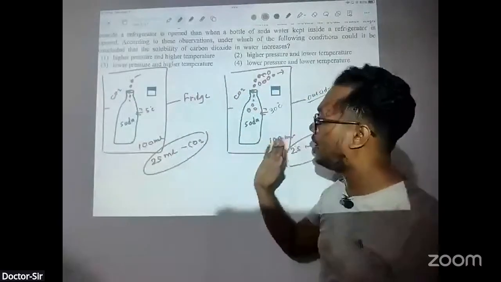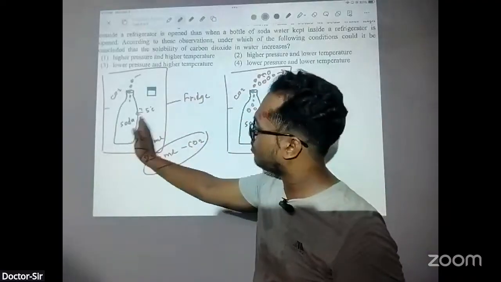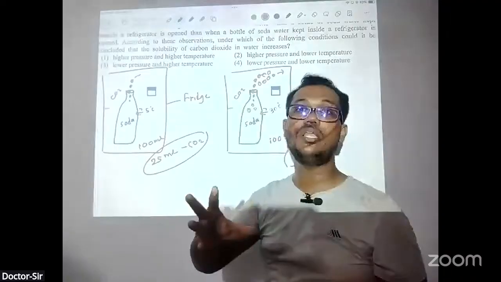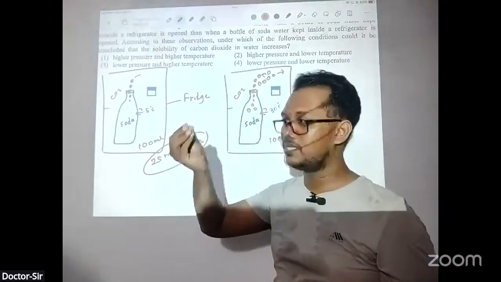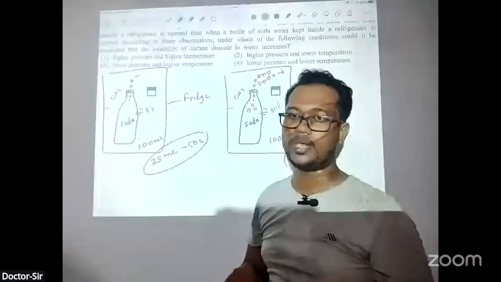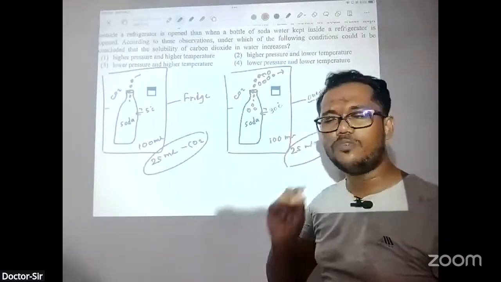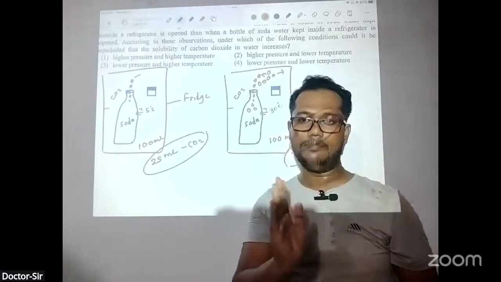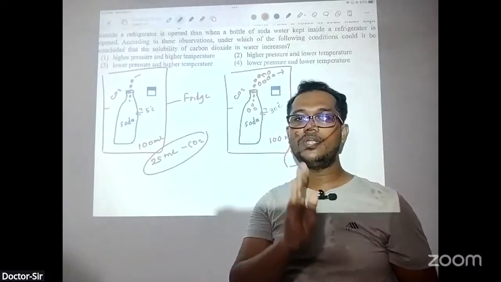But when you take a soda from the refrigerator, more carbon dioxide is soluble in the liquid, and less amount is released from there. Now tell me, the solubility of the gas depends on the temperature. So, cool drink.